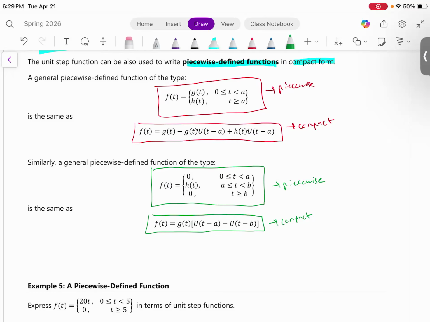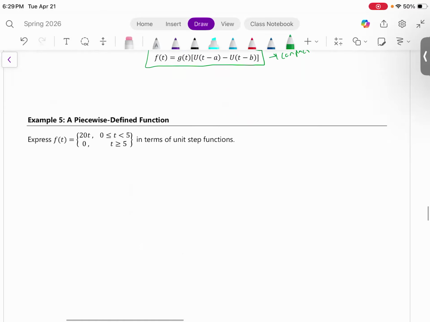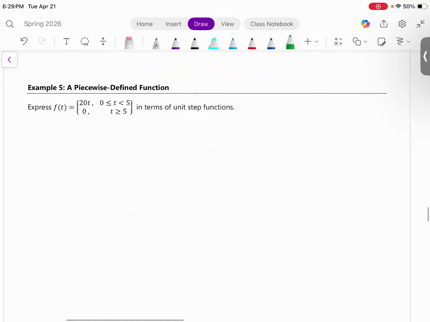Let's go ahead and try out a quick example. Example 5, a piecewise defined function. We want to express f of t equals the piecewise function 20t, defined over 0 to 5, and 0 for t greater than or equal to 5.